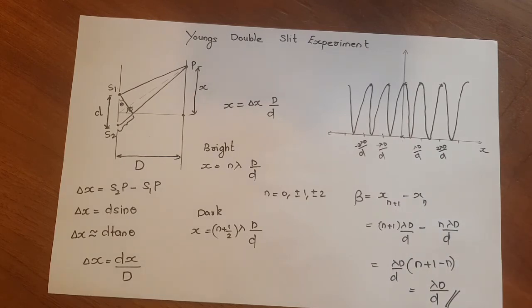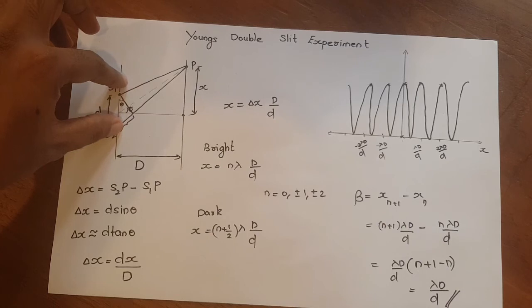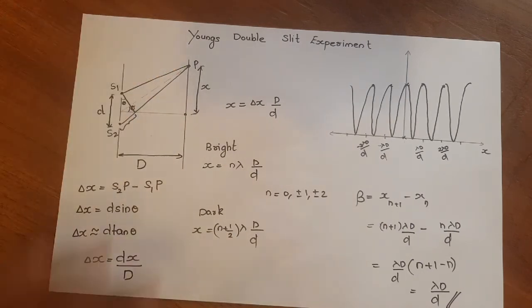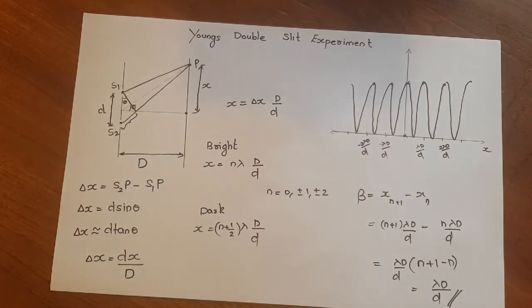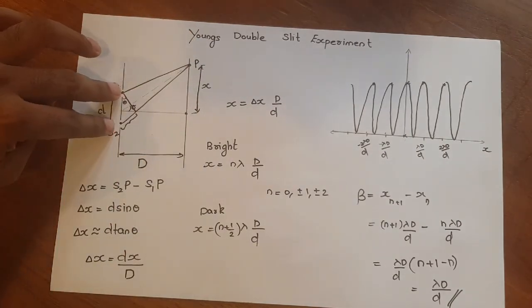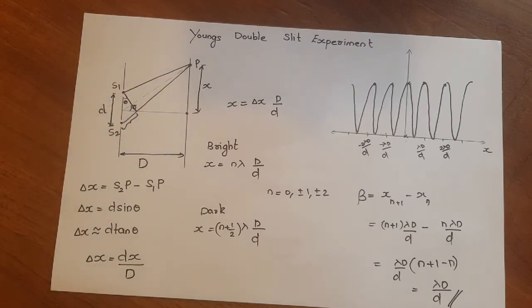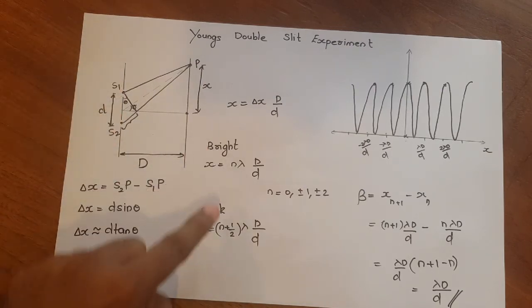But I missed out a very important thing. I told you that we are considering two sources. If you take two independent sources and perform this experiment, you will not see any fringe on the screen, because these two sources will not obey the condition for obtaining dark and bright fringes.